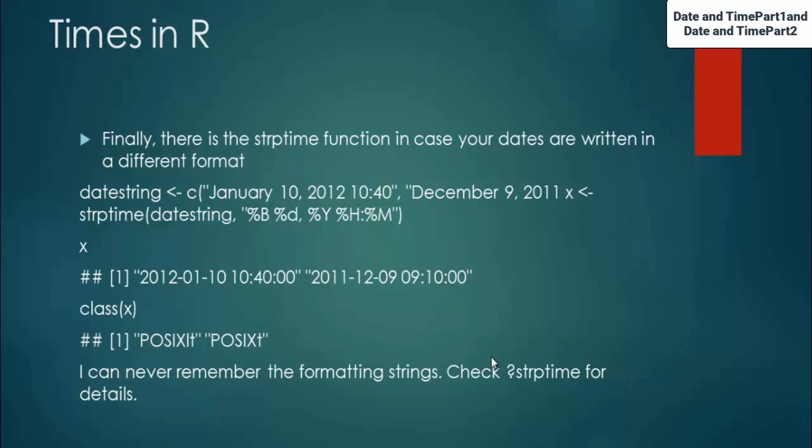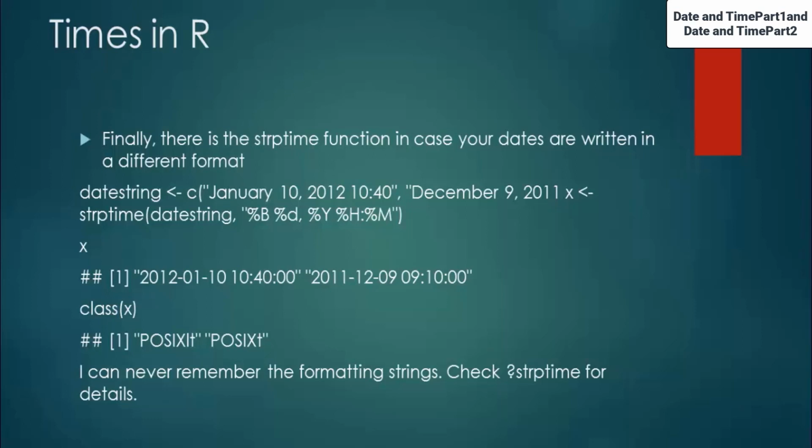Now we have a date string here which has January 10th, 2012, 10:40, and December 9, 2011. Now if I use x equal to strptime of the date string with %B, %d, %Y, %H, %M, I'm trying to convert the data into this format.